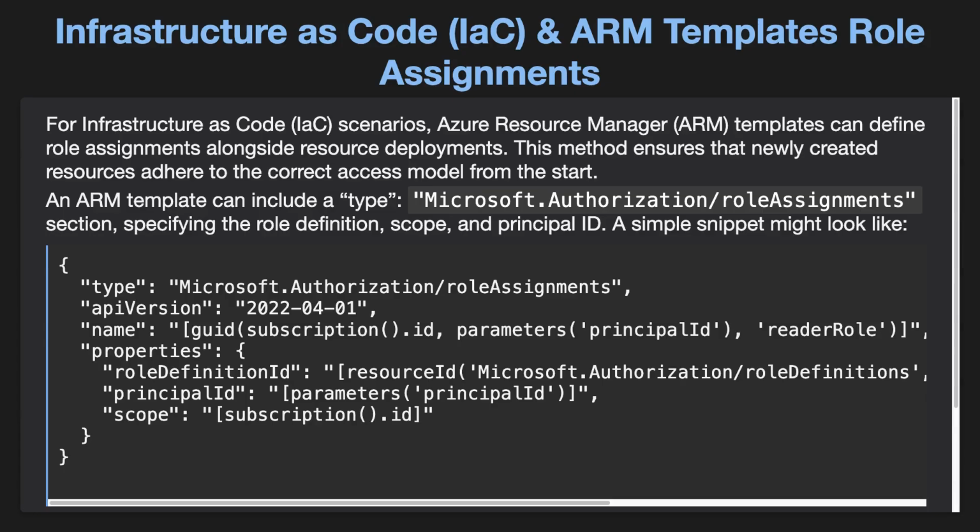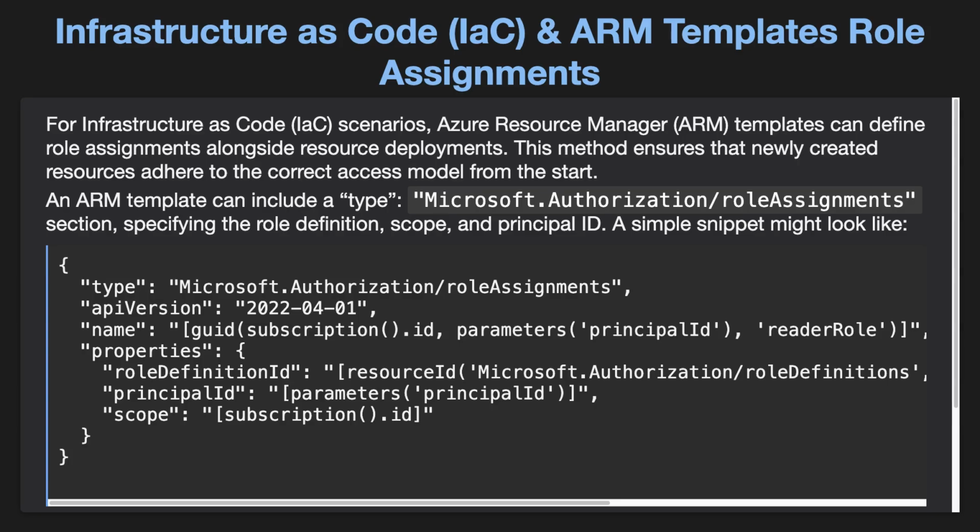For infrastructure as code, IaC, scenarios, Azure Resource Manager, ARM, templates can define role assignments alongside resource deployments. This method ensures that newly created resources adhere to the correct access model from the start. An ARM template can include a type, Microsoft.Authorization/roleAssignments, section, specifying the role definition, scope, and principal ID.